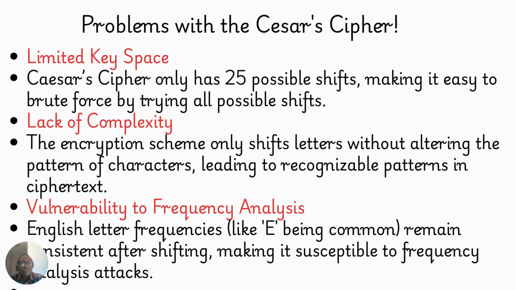decryption exercises. Another problem with Caesar's cipher is that it is vulnerable to frequency analysis. And frequency analysis is exactly what we described earlier, where we have said that different letters appear more often than others.